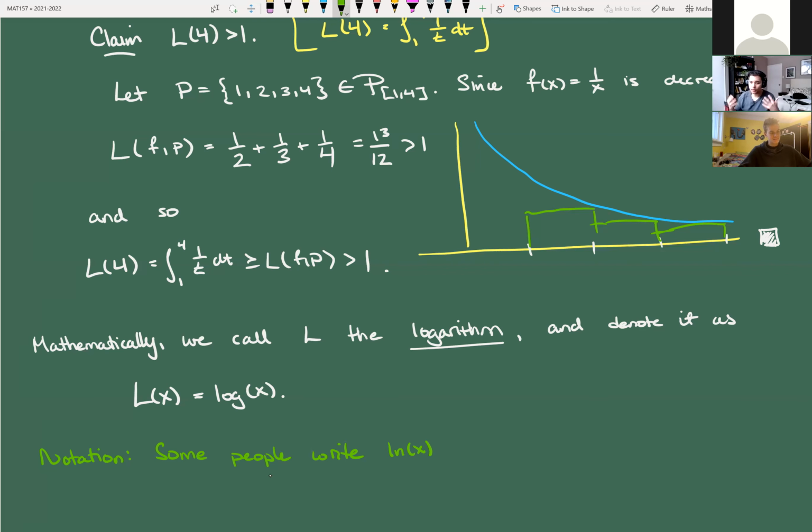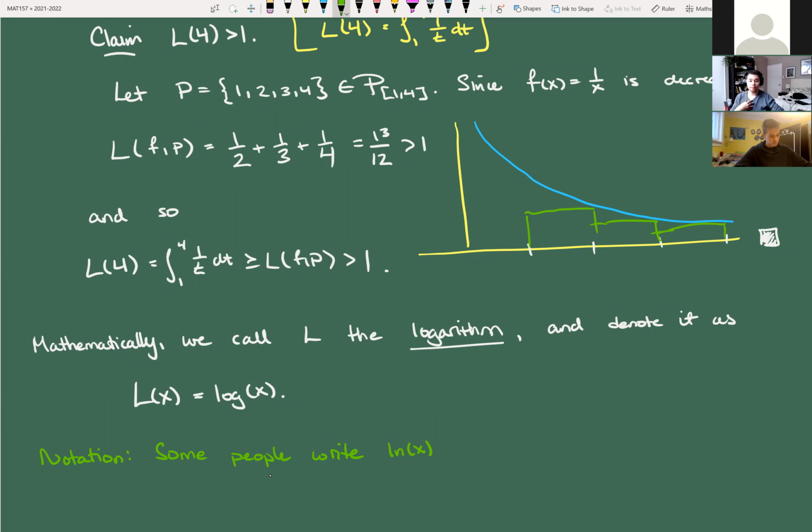So why would we give it a special notation? It is the logarithm. So for this class, if you see log, it's log base e. It's not log base 10, it's log base e. Don't get confused there, because otherwise it's going to hurt you. Mathematicians always mean log base e.